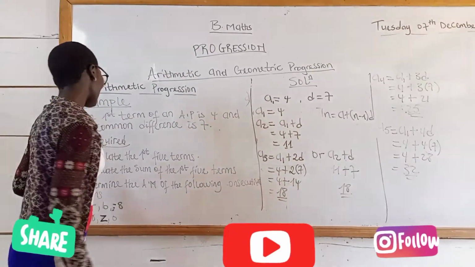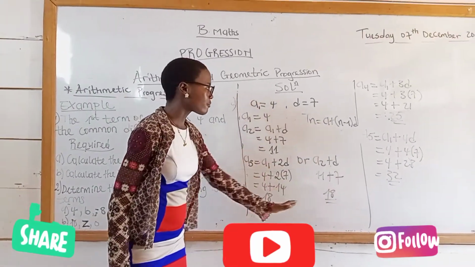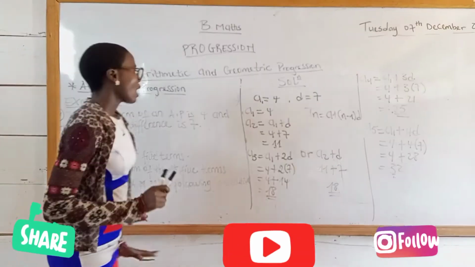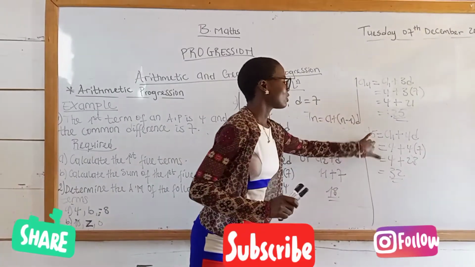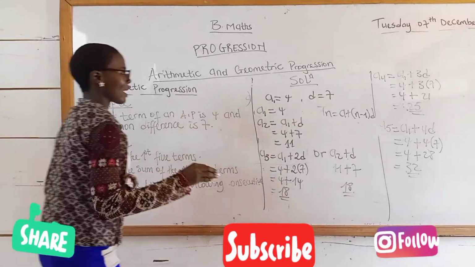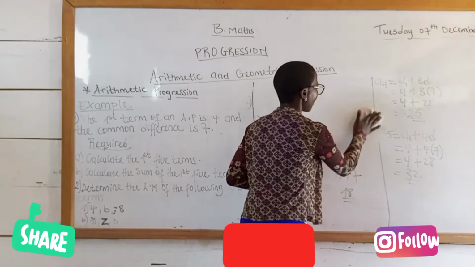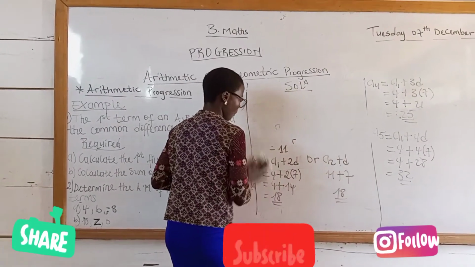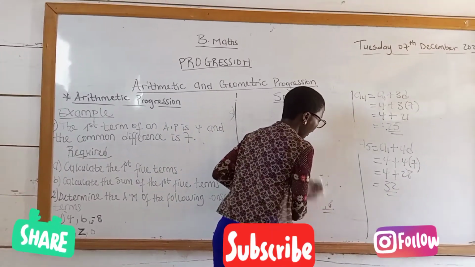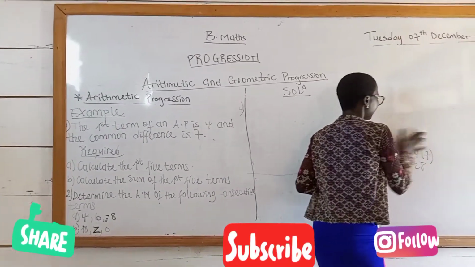It's when they say calculate the first 5 terms that you start from A1 to A5. Now they say calculate the sum of the first five terms. That's why we will calculate the sum from A1 to A5. They can still say calculate the sum of the first two terms. That means you only take A1 plus A2. So all that now depends on you.